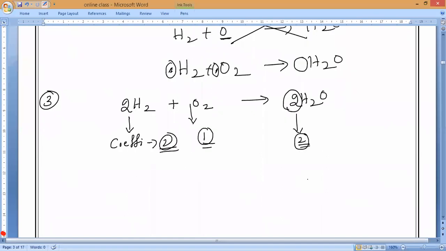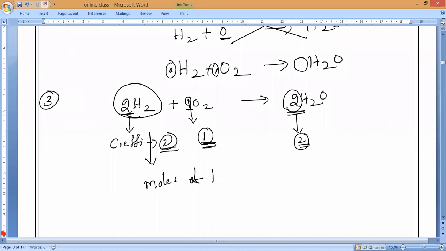Here I have not written anything, which means in the sense it is 1. You have to remember that. So the coefficient written before reactants and products represents the number of molecules or number of moles. Do you understand, guys?